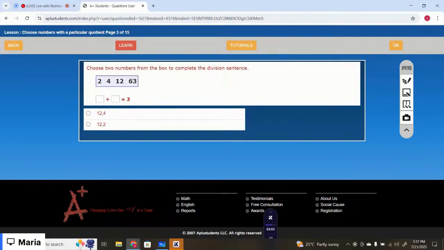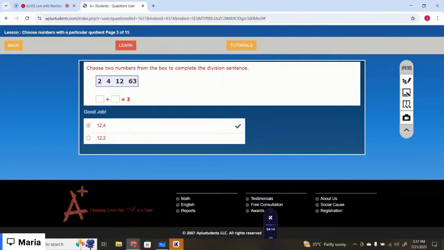Choose two numbers from the box to complete the division sentence. 12 divided by 4 is 3. Option number 1 is the correct option.